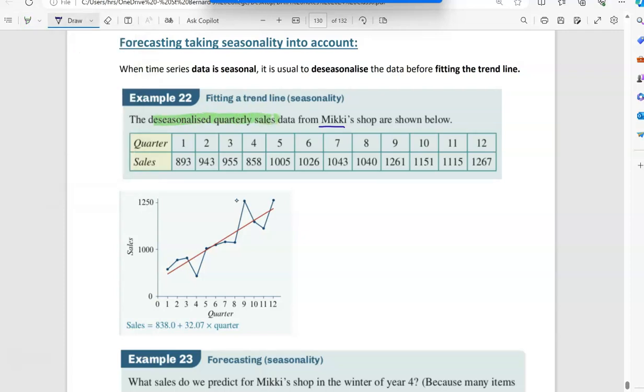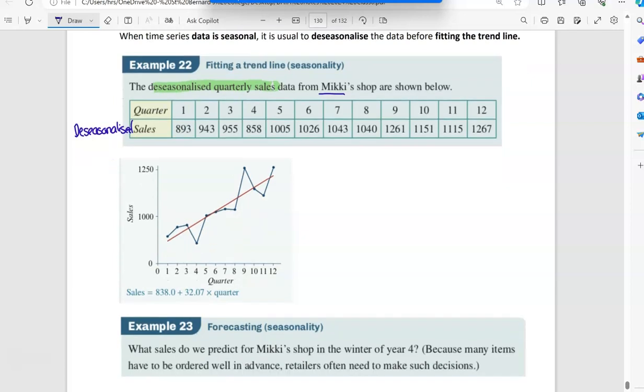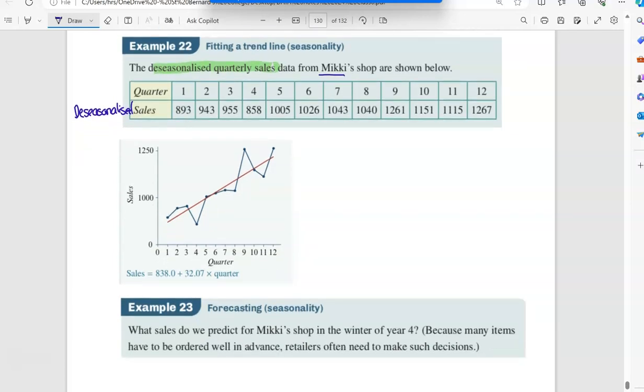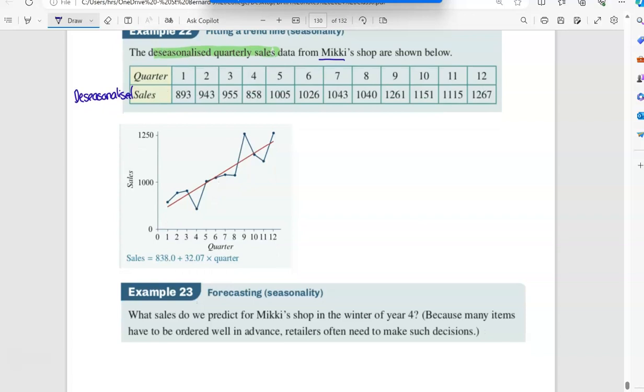So can you guys write next to this, especially next to this table, that it's the deseasonalized values? In this example, they've sort of stuffed up there. They should have said that's deseasonalized sales, okay? Because the real sales is what we would call sales. So we're doing that. Anyway, they've graphed it, and here it is.